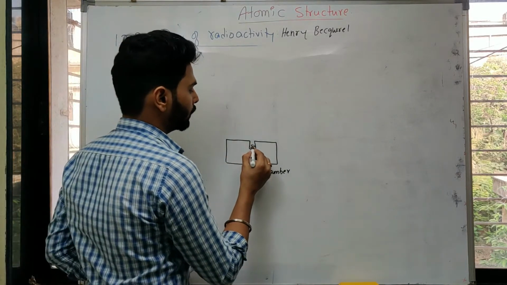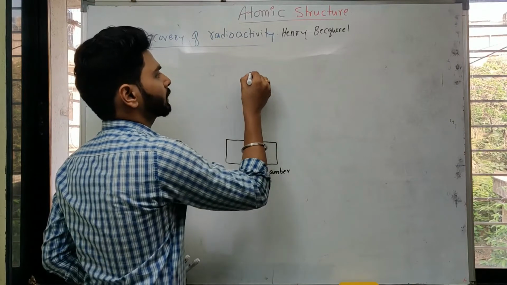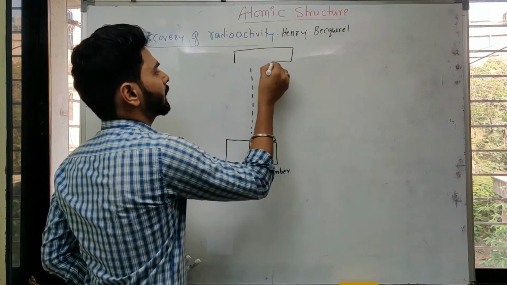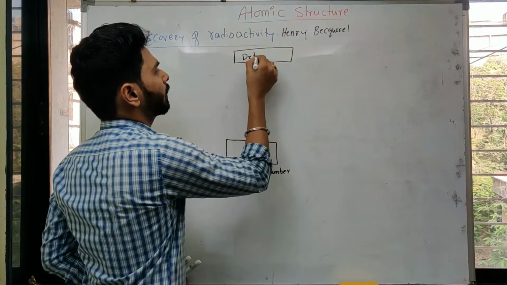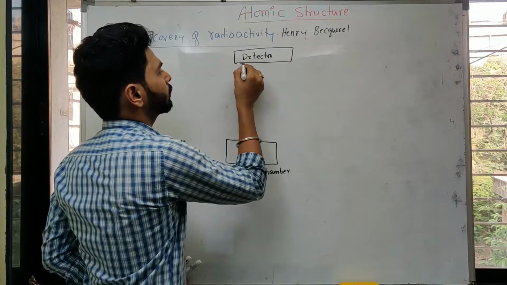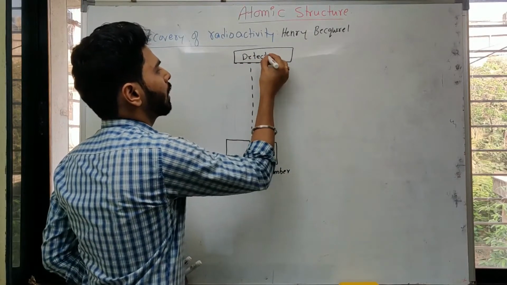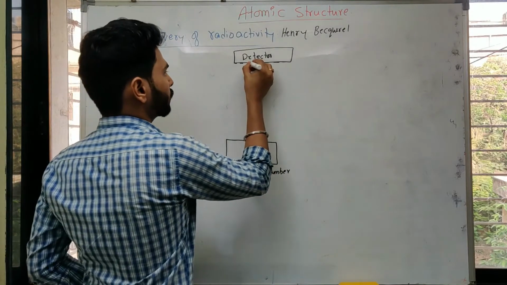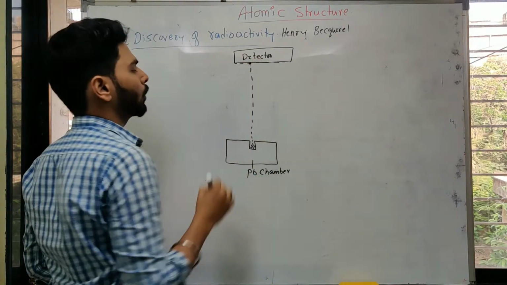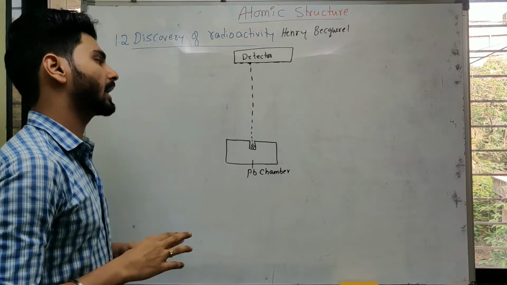Wherever we keep it open, radiation only travels in that direction, and against that a detector was kept, which is also coated with fluorescent material, so it shows some glow in this direction, so we can understand that.